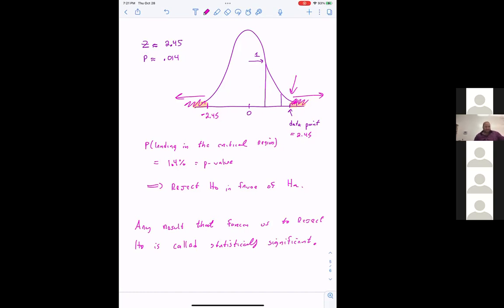If something has less than a 5% chance of occurring, but it actually happens, we can say, well, hey, rare things occur. Or we can say, yes, I know rare things occur, but isn't it more likely that our assumptions are just wrong? That's the idea. How rare does it have to be for us to conclude that our underlying assumptions are wrong? The answer, in general, is 5%.